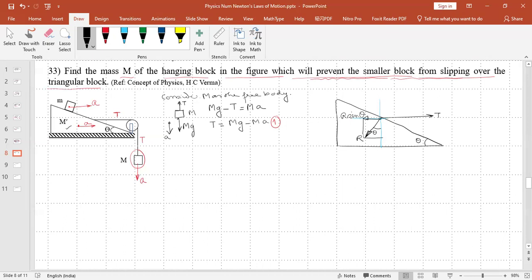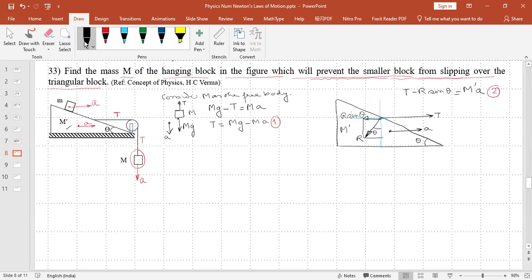From this, we find the equation. We can write T minus R sin theta is equal to the mass of this block, M dash, into its acceleration A in this direction. Let us call this equation 2.